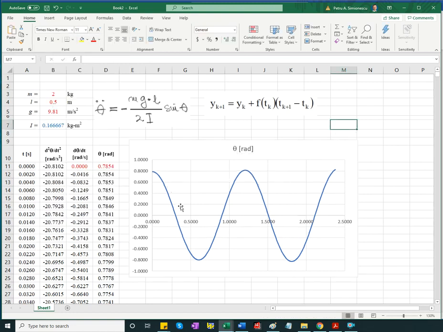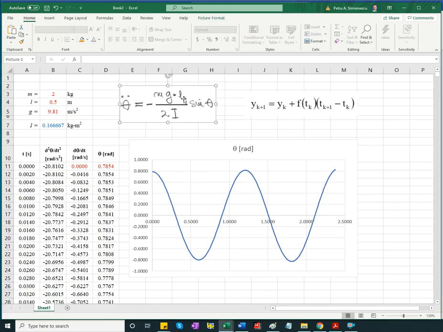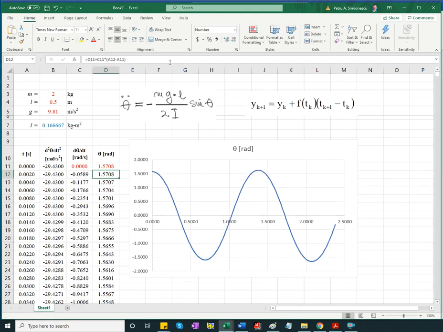And then I can, like I said, play scenarios. So if we change the initial condition from 45 degrees to 90 degrees, like you start the bar horizontally and let it oscillate, this is the appearance of the graph.